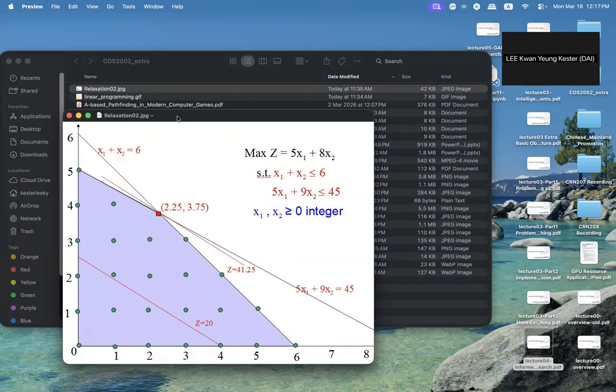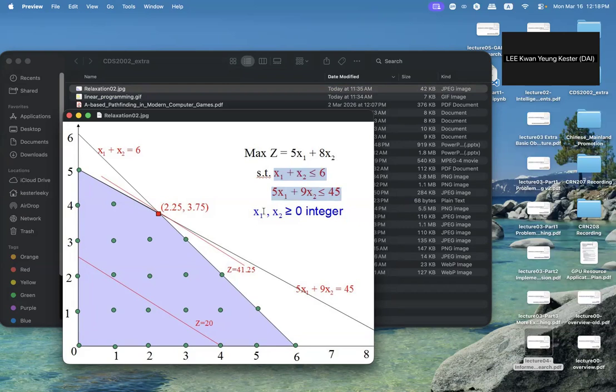Then you are given a number z, where z is equal to 5 times x1 plus some coefficient times x2. You want to maximize the z value, and for maximizing z, x1 and x2 have constraints. These two inequalities are the constraints that restrict the possible values for x1 and x2.